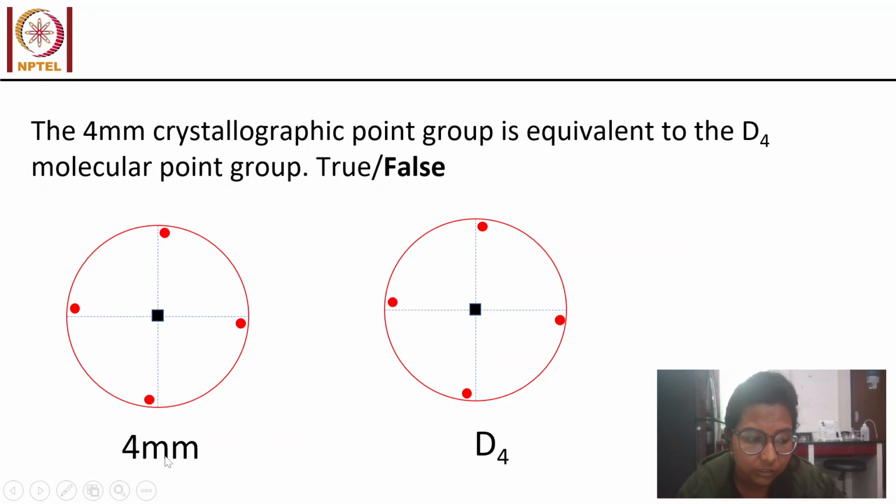But this means there are two mirrors. So if one mirror is along this direction, the other mirror will be along this direction. And then if I have D4, then after operating the C4, what symmetry operation should I perform? In molecular symmetry, D means what?